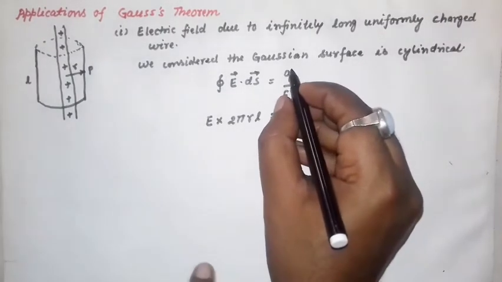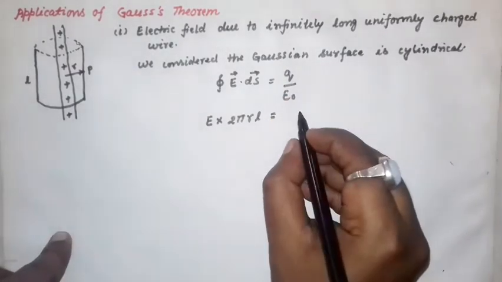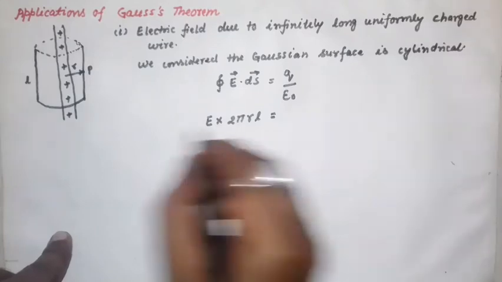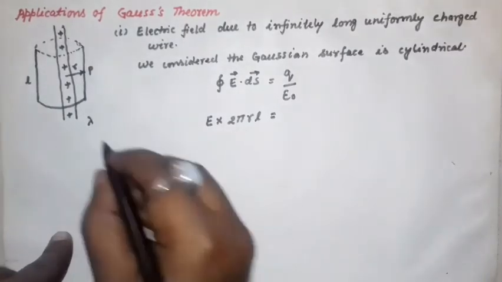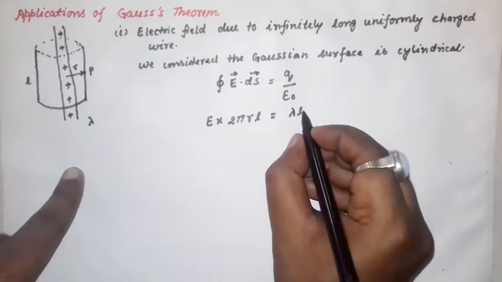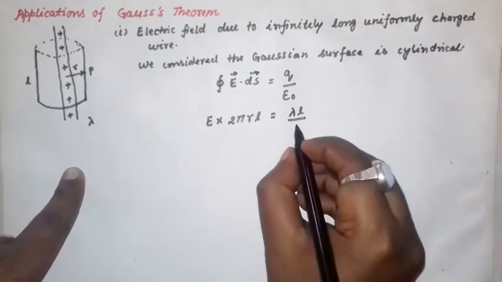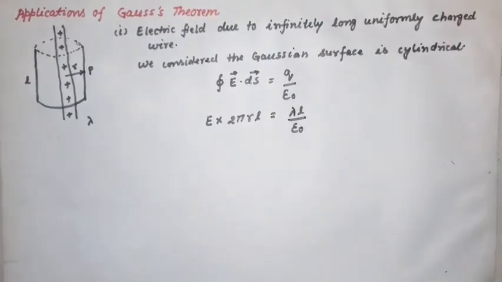What is this Q? This is total charge. If we suppose the linear charge density in this case is lambda, then lambda into L will be the total charge, and this lambda L will be divided by epsilon naught.